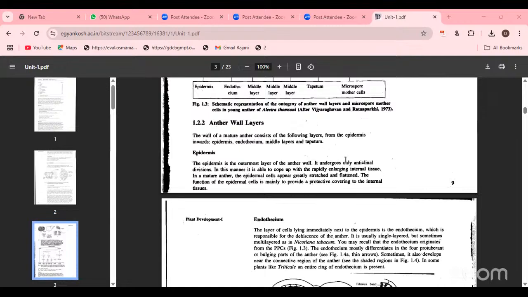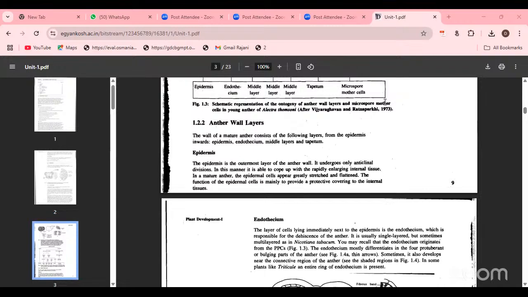In a mature anther, the epidermal cells appear greatly stretched and flattened. The function of the epidermal cells is mainly to provide a protective covering to the internal tissue. This completes the first layer.